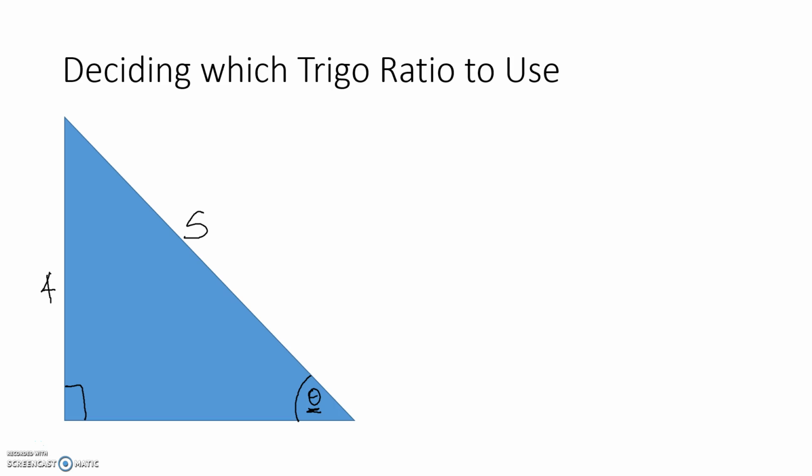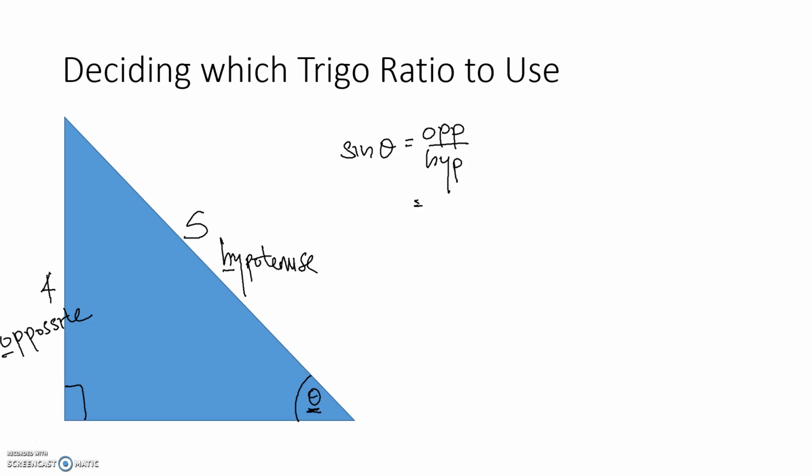The first side you are given is the hypotenuse. The second side that you're given is the opposite. Using your knowledge of the ratios, you have opposite and hypotenuse. The trigo ratio that should come to mind is sine, because sine theta is opposite over hypotenuse. You should get 4/5. And then to find theta, you take a sine inverse of 4/5.